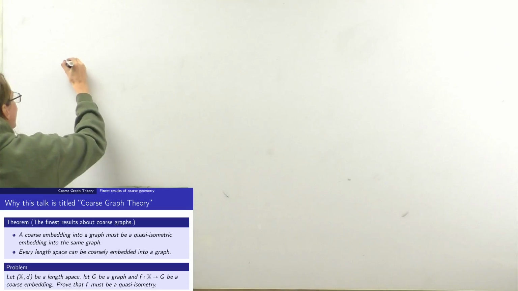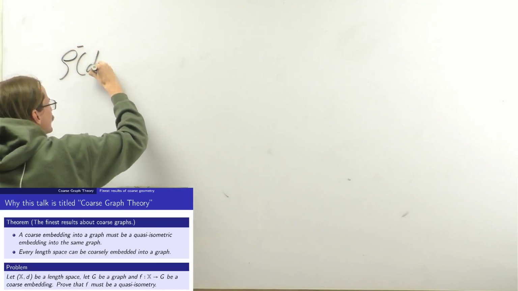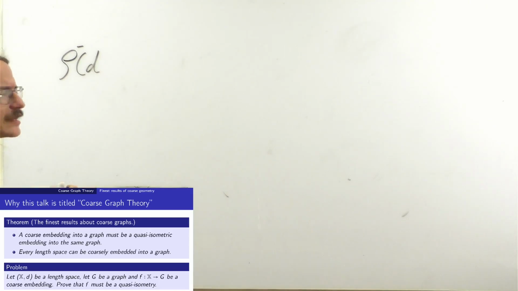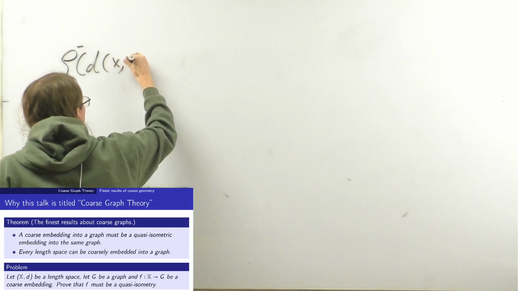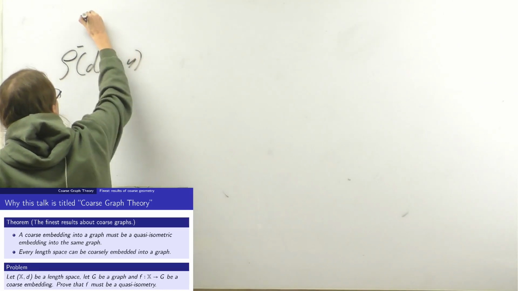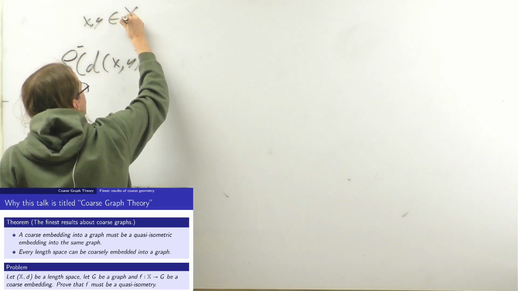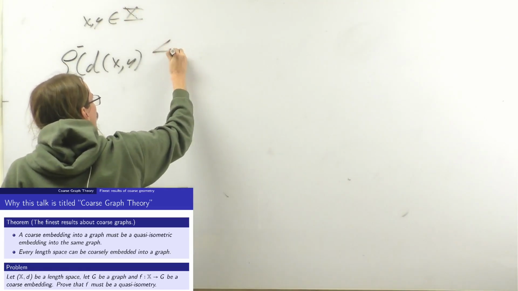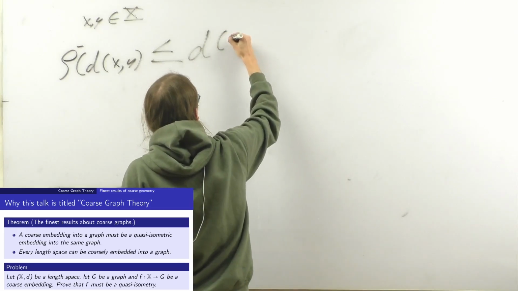What does that tell us? That tells us that there is some rho minus, such that if I take the distance of x and y, where x and y live inside of the length space x, I can get a lower bound on the distance between them in the graph.